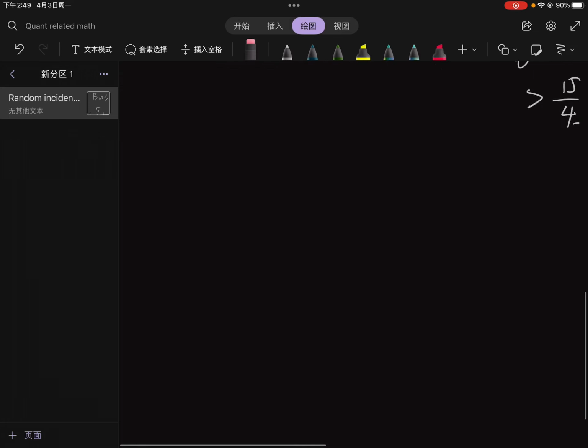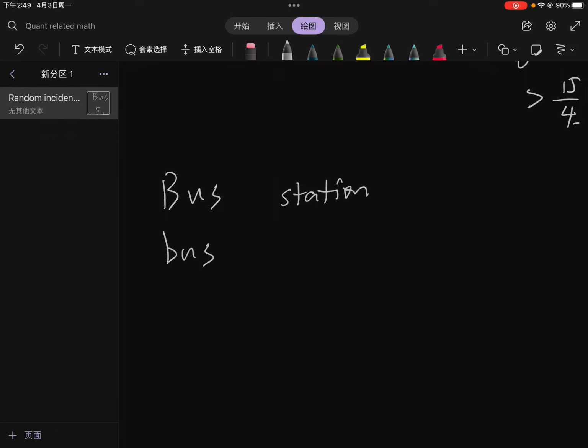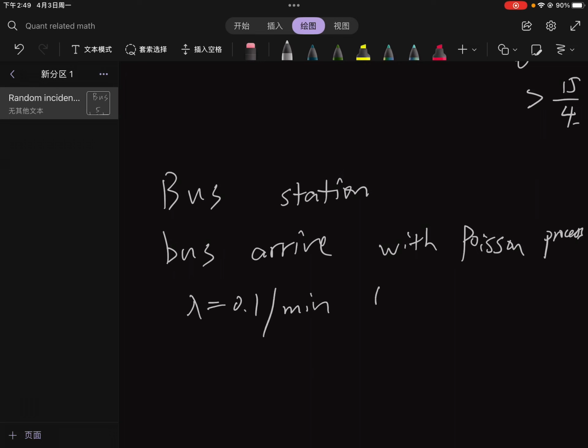So let's do the real case in the book, which is you have a bus station, and the buses arrive with a Poisson process. And here, lambda is equal to 0.1 per minute, which means a 10 minutes average arrival time.